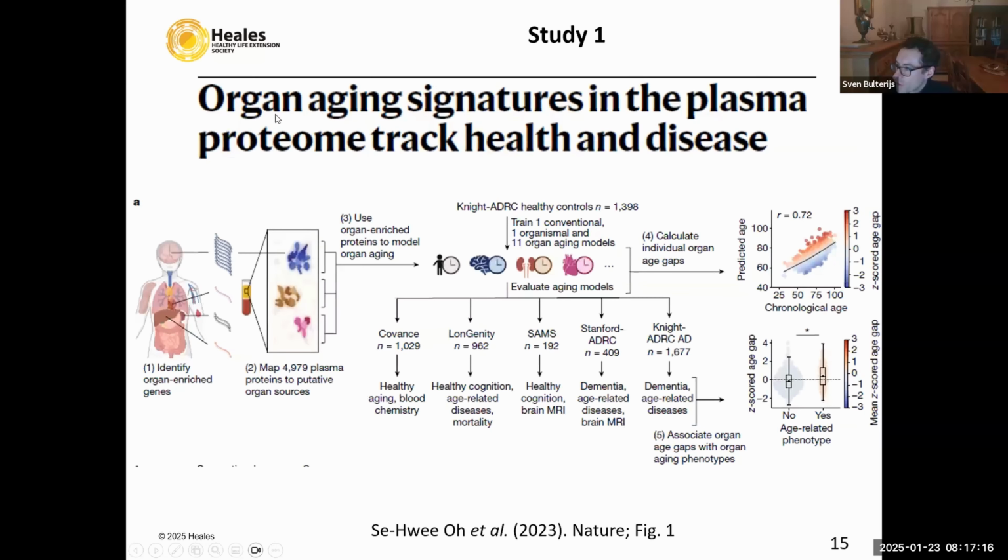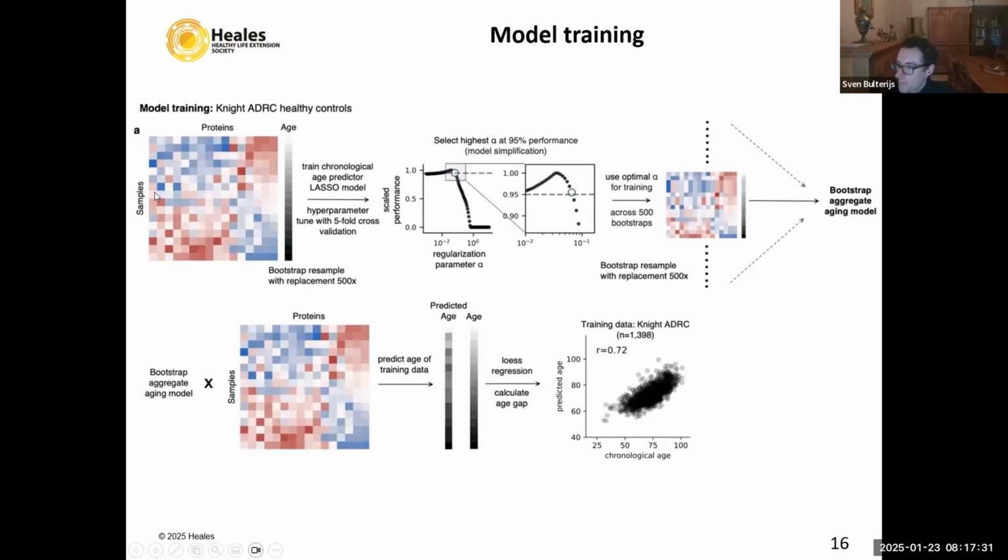So we come to the first study, the original paper in Nature from 2023. We pretty much went over all of that. So here you have samples, you have the different proteins, you have the age of the participants, and that was used to make that lambda parameter, which they here call alpha parameter, but it's the lambda, it's just another name.